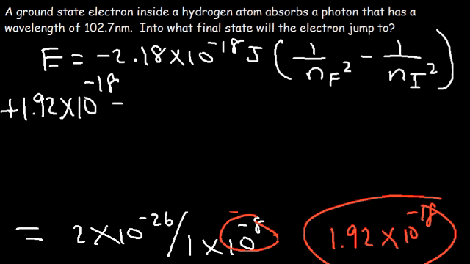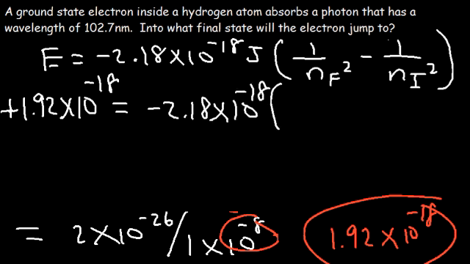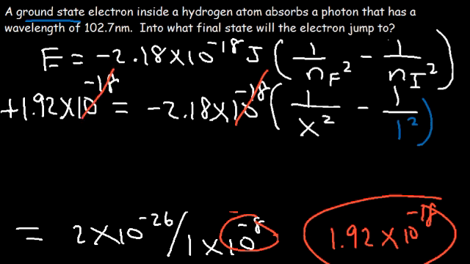Believe it or not, the sign matters. Now the final state, we're looking for it, so let's replace it with x. The initial state is the ground state, so that means that n initial is 1. Now we can cancel the 10 to the negative 18 because it's exactly the same on both sides.